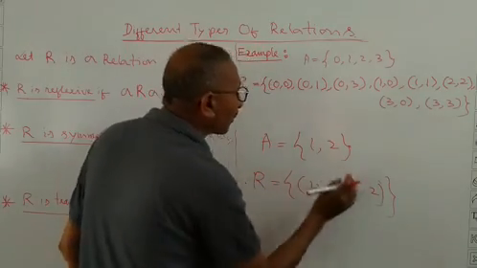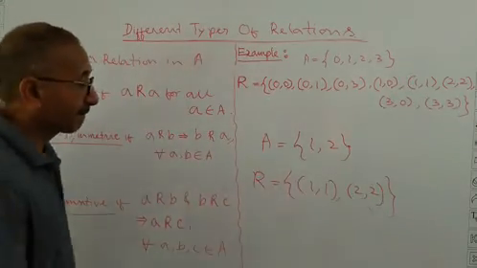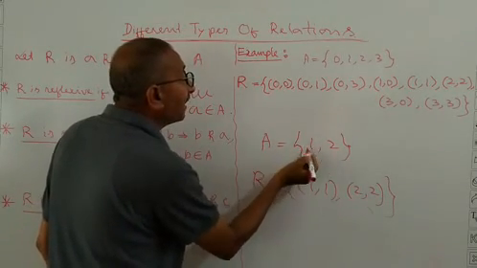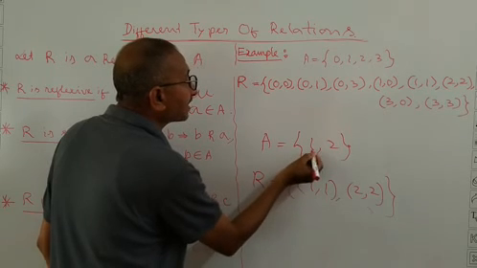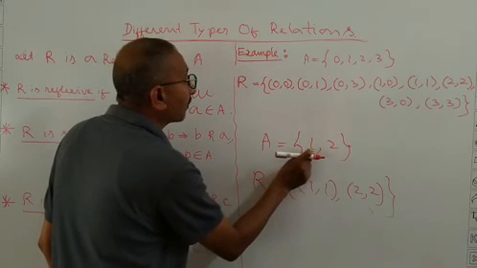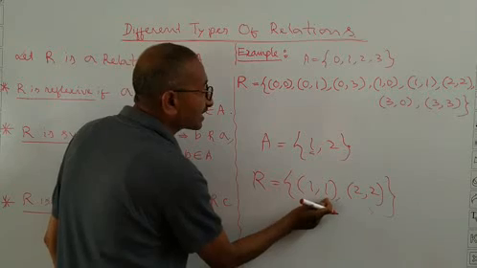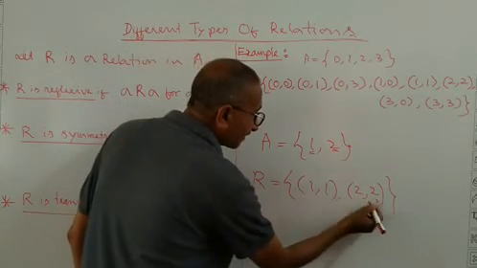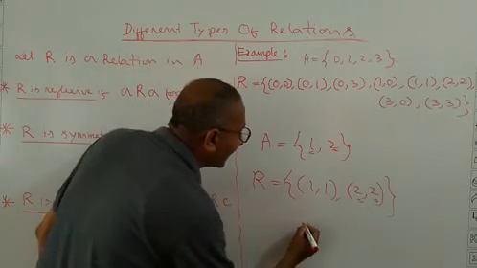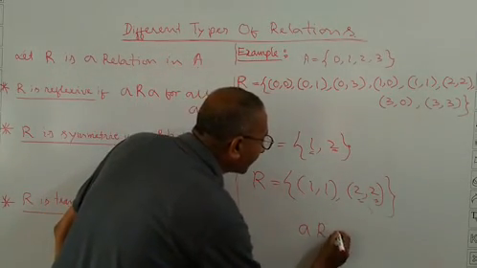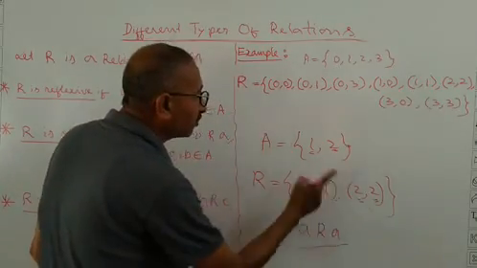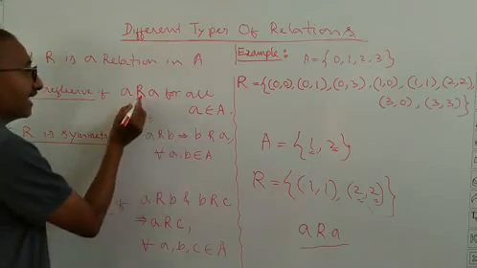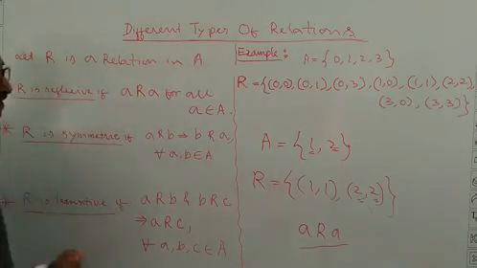These 2 are the only elements of this relation. Now the first element is related to itself. Again, this element is related to itself. That means in general we say that A is related to A. Every element is related to itself. If every element is related to itself in a relation, then we say it is reflexive.